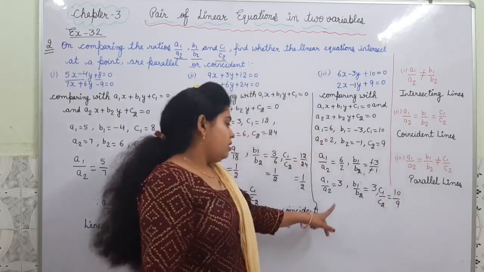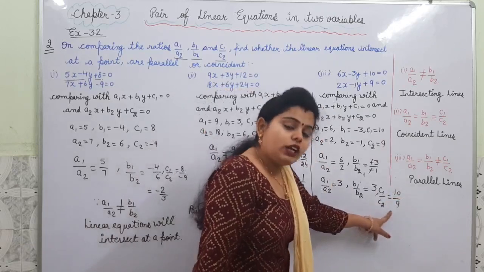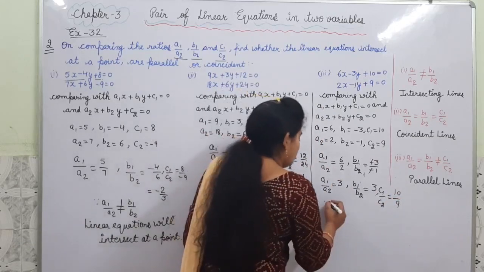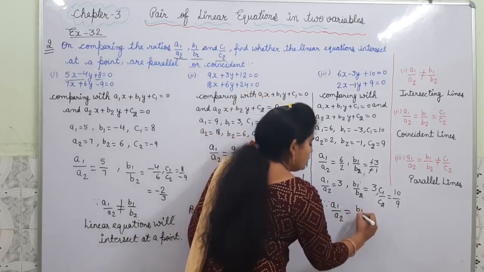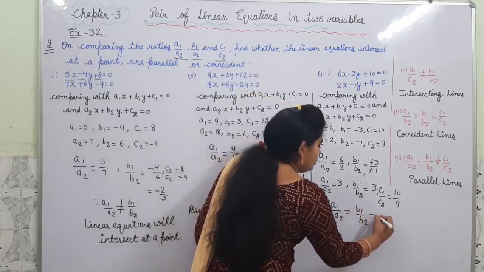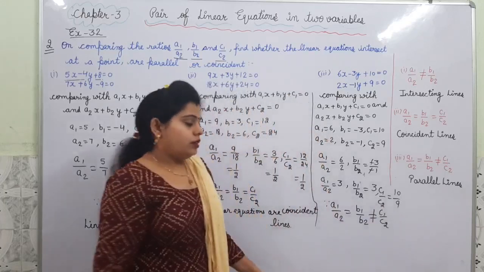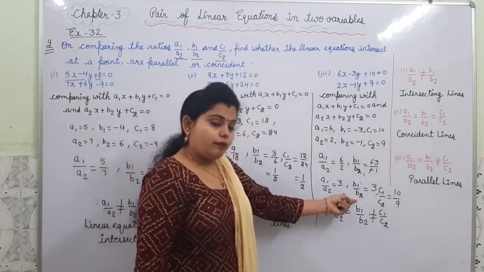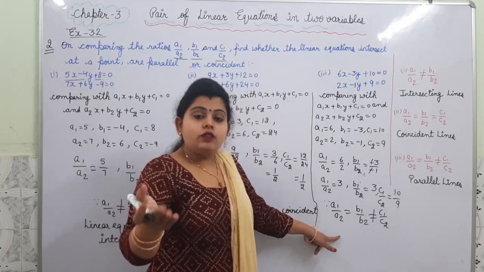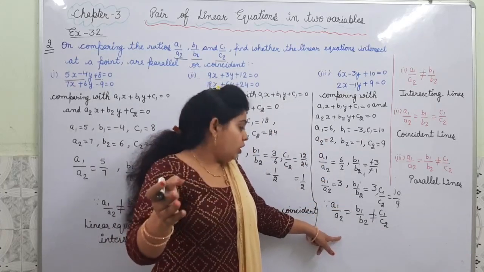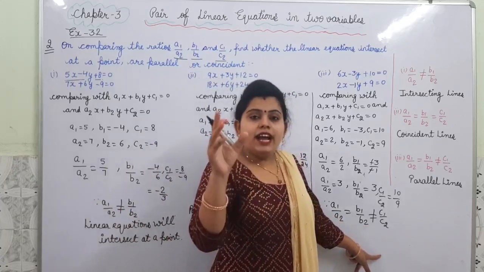So from here a1 by a2 is equal to b1 by b2, but not equal to c1 by c2. This result comes from this comparison. Now if a1 by a2 is equal to b1 by b2, not equal to c1 by c2, then which type of lines will we get?